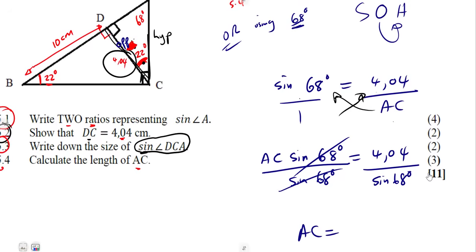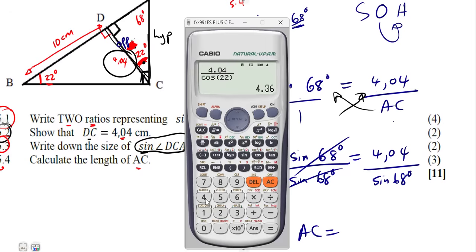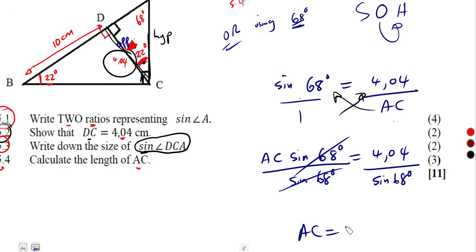So that is how you can play around with these questions, guys. 4.04 over the sine of 68 degrees. That was going to give us 4,36. All right, so this is 4,36 centimeters, the same answer that we obtained when we used that ratio of a cos.